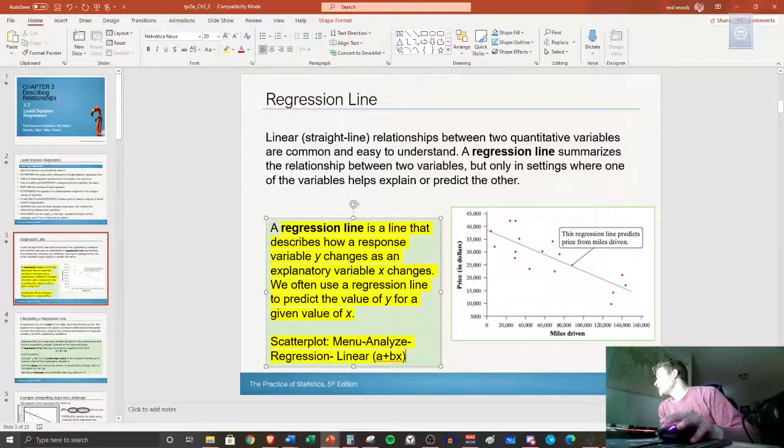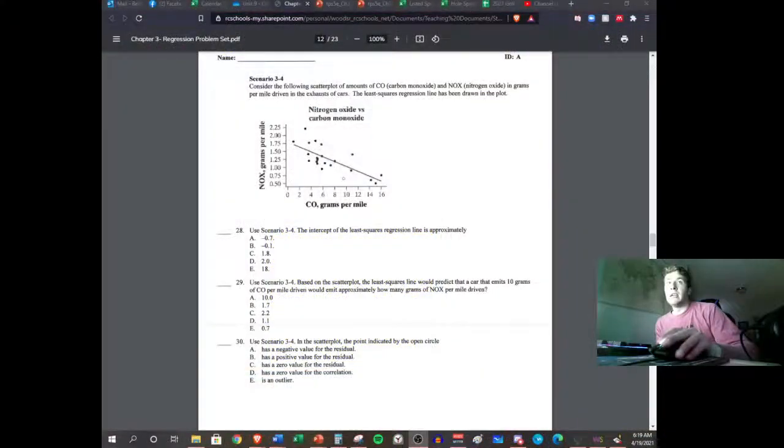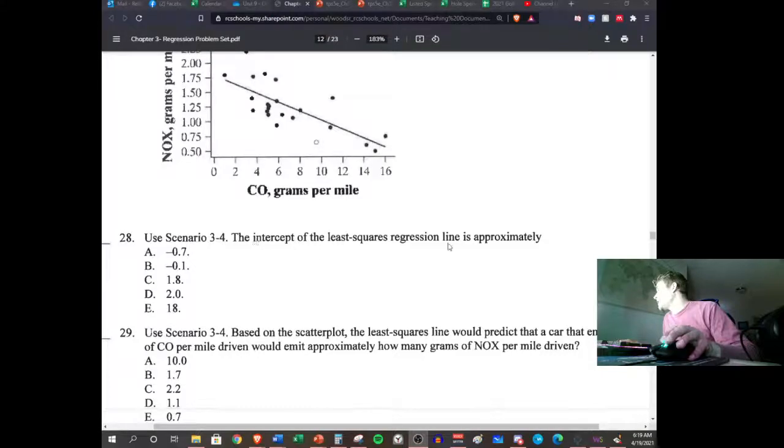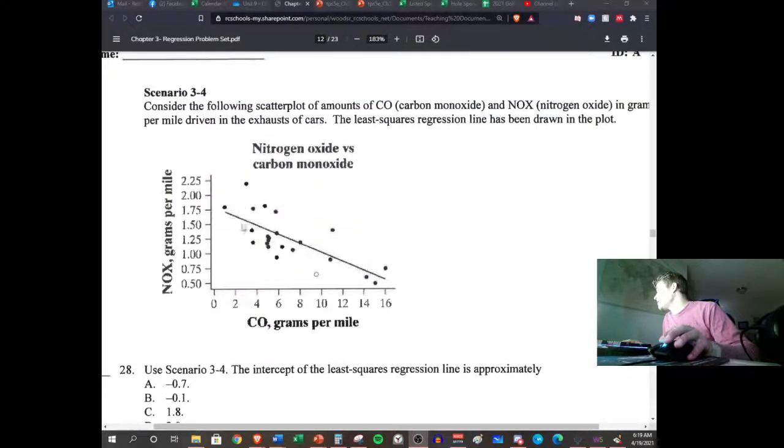But in a lot of examples in the problem set, you're having to use these ideas. For instance, let me go to the left display here. This is number 28. It's saying what is the intercept of the least squares regression line? Here's this line, right?